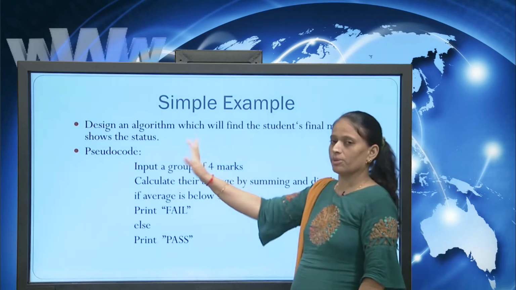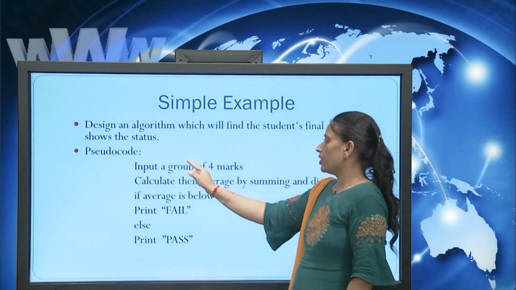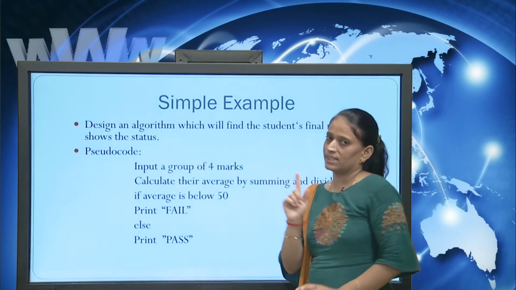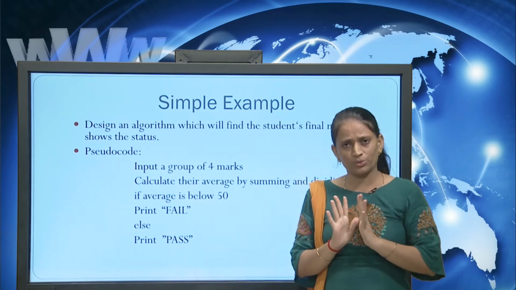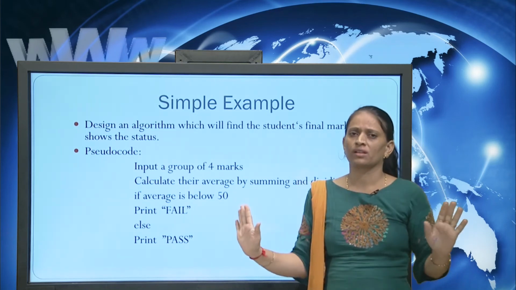So the pseudocode for that is: input a group of 4 marks. As I told you, pseudocode is just a human-readable form, so it is not related to programming at all.